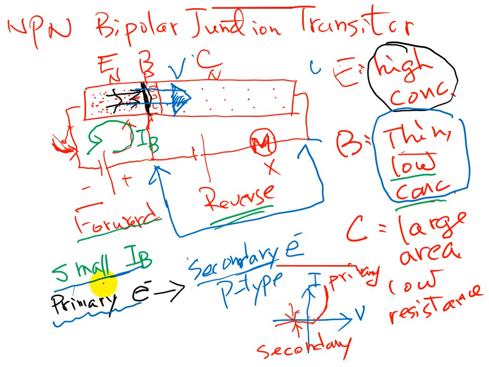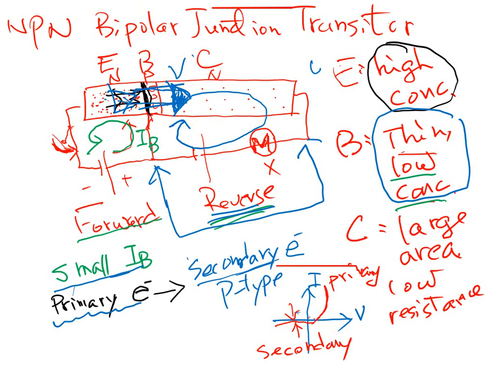So all these charge carriers coming from the right, from primary charge carriers become secondary charge carriers here, and these secondary charge carriers will run through the negative bias. This is the so-called reverse bias.